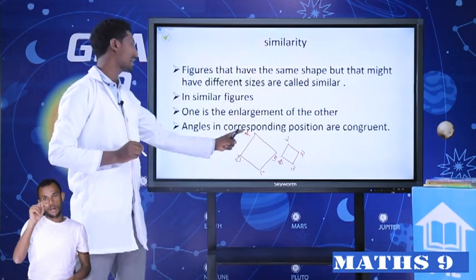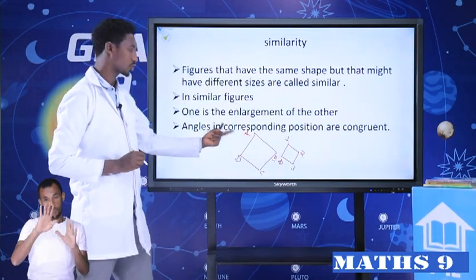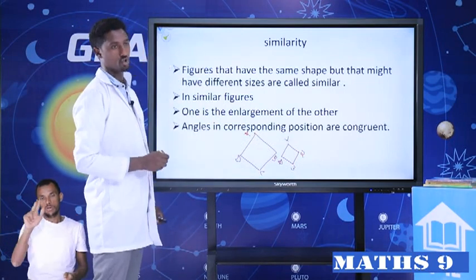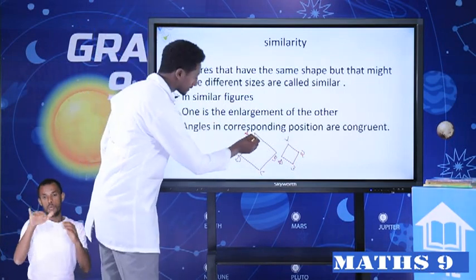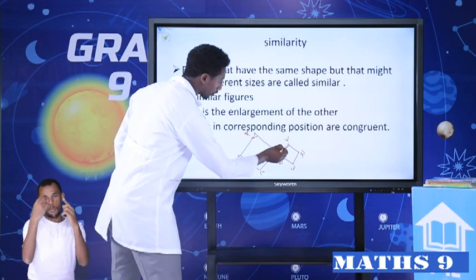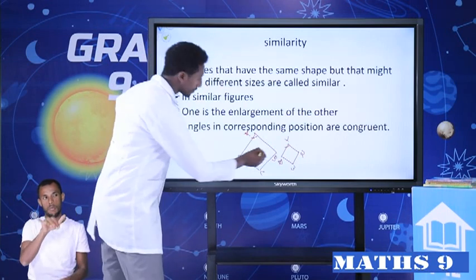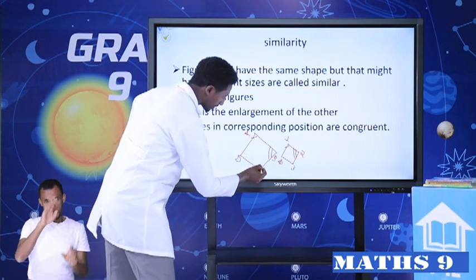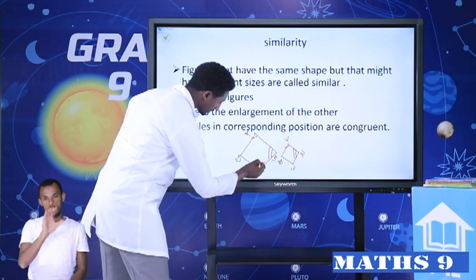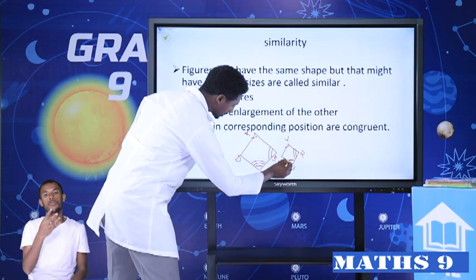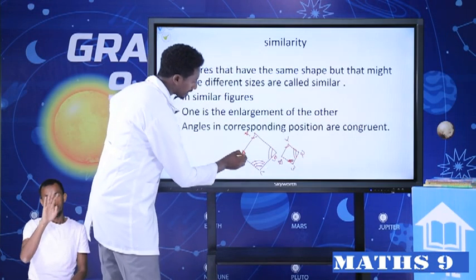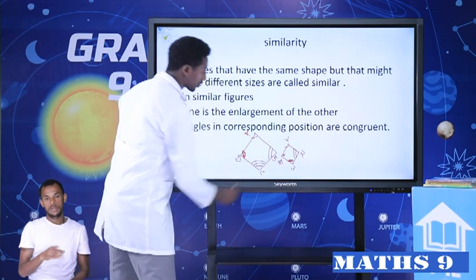If quadrilateral ABCD is similar to quadrilateral 1, 2, 3, 4, angles in corresponding position must be congruent. Angle at A must be congruent to angle at 1. Angle at B must be congruent to angle at 2. Similarly, angle at C must be congruent with angle at 3, and D must be congruent with 4.